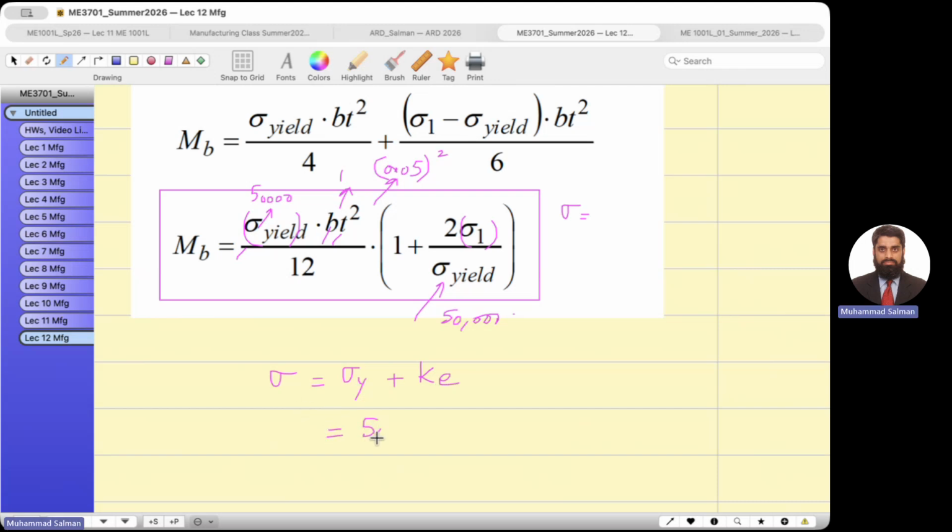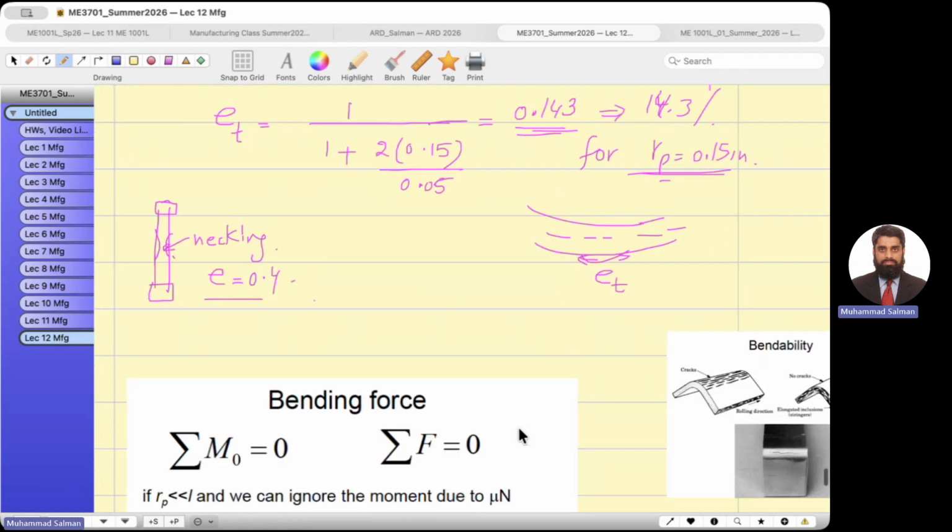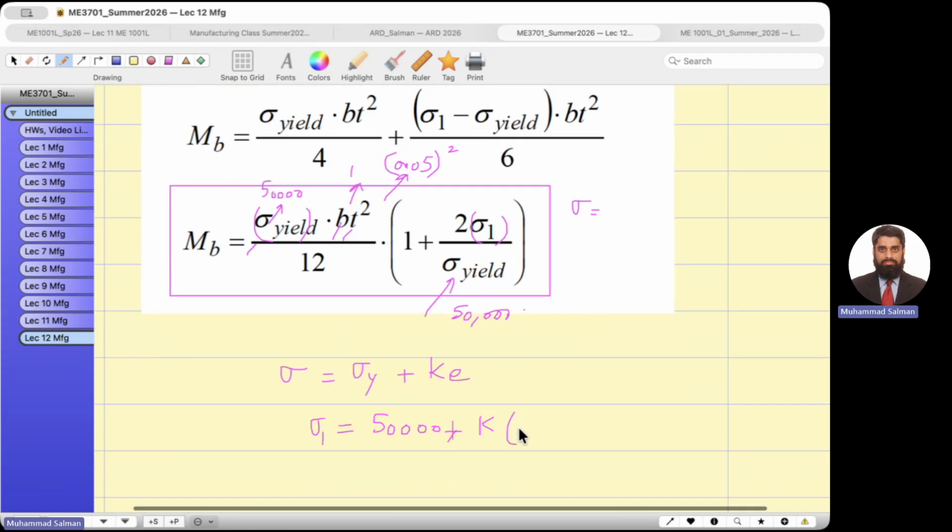Sigma y is 50,000. And what is k? Imagine this is sigma 1, and k you have to find out from this. And e you already found. It is the tensile strain 0.143.